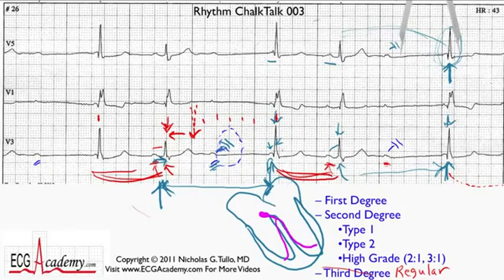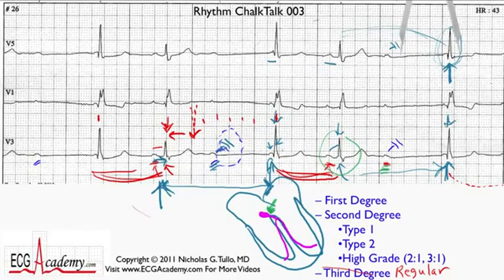Well, if the escape focus was in the AV node down here someplace, you would expect the QRS to follow the normal conduction pattern and be pretty much the same as the conducted beat. But instead, because this patient has AV block, we've already decided this person has second degree AV block, the AV node must be pretty sick. And even the AV junction is pretty sick and it's not generating the proper beat.